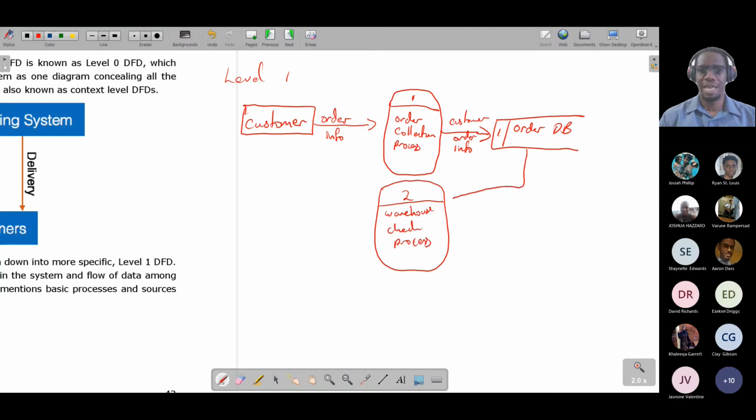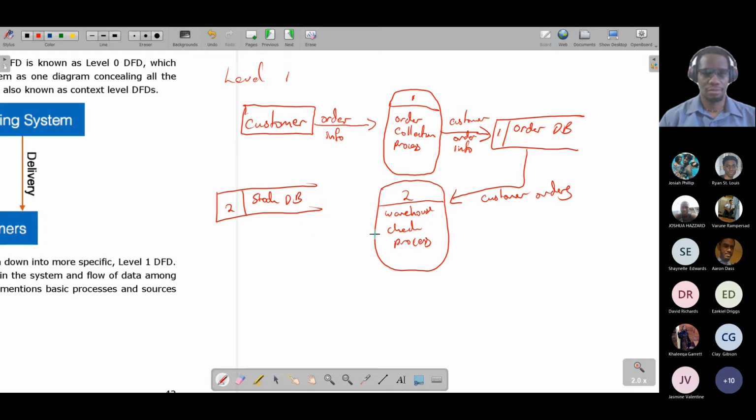So we take the customer orders and what do we do with it? We check our stock database. Okay? We check our stock database.